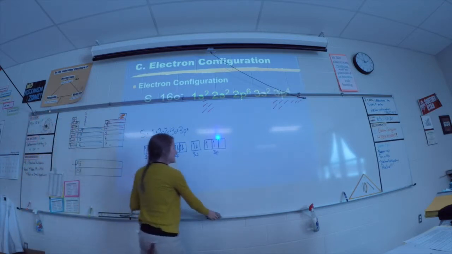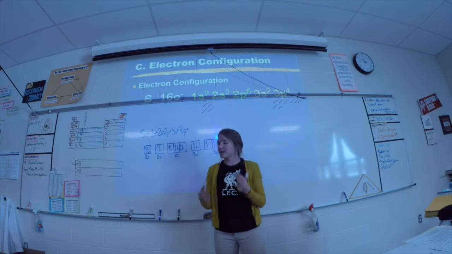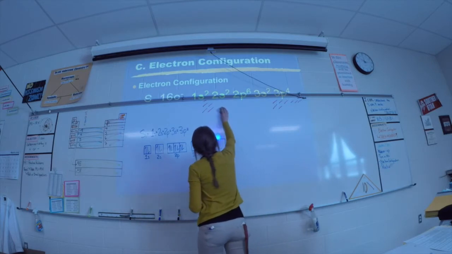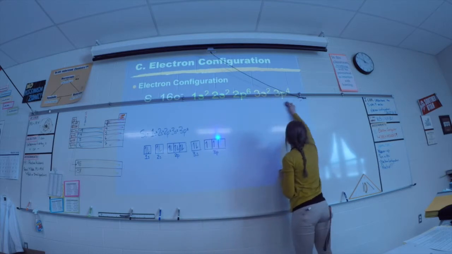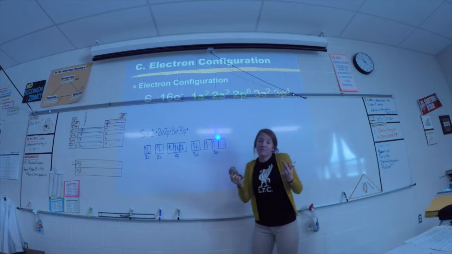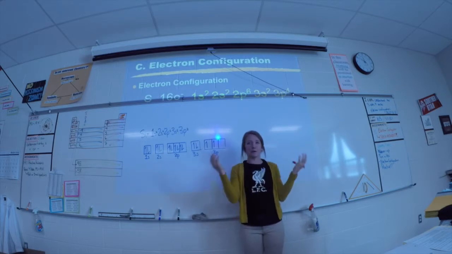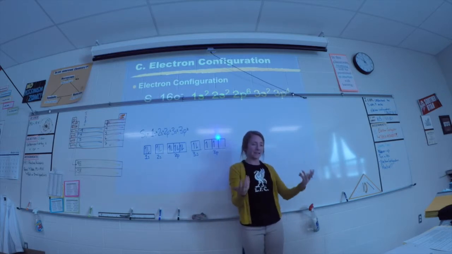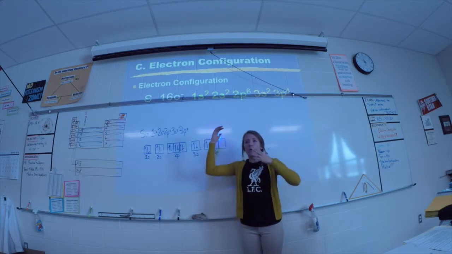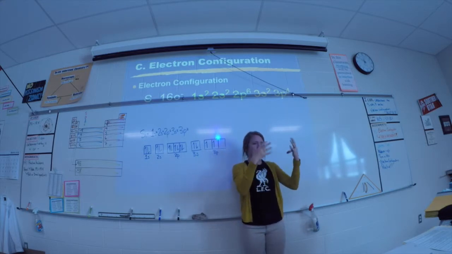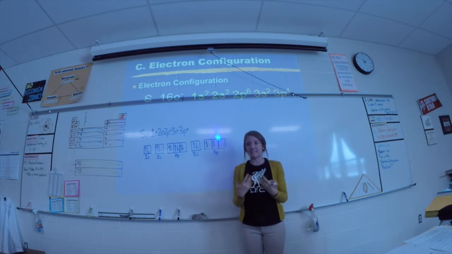The way that we can do these shortcuts or the abbreviated form is pretty much scientists recognize that the only electrons that matter in reactions are the valence electrons, just the ones on the outside. That's really all we ever care about. Like when we do charges and things, it's just the valence. And so all of those other electrons that are in these rooms and orbitals, yeah, that's great, but it doesn't mean anything to us.